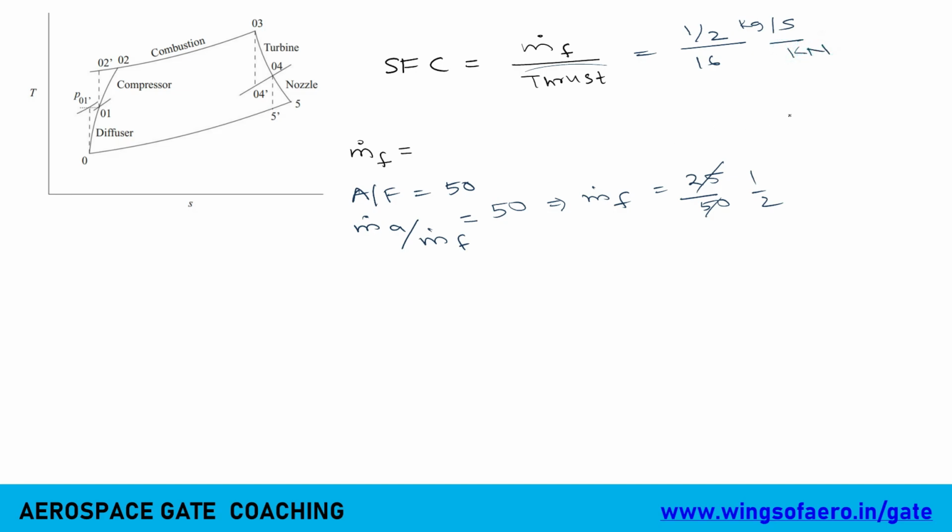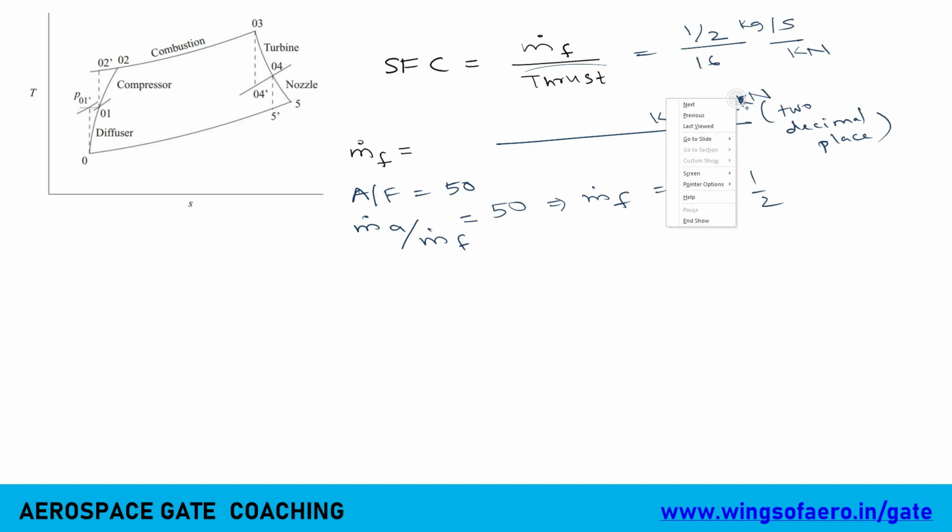Okay. Now they ask to round off the answer to 2 decimal places and keep the unit as kg per hour per newton, not kilonewton, newton.